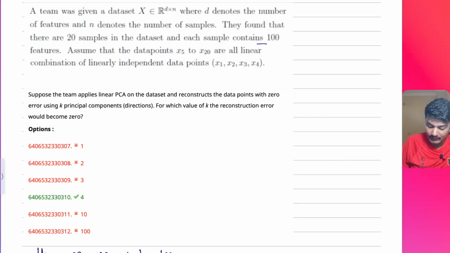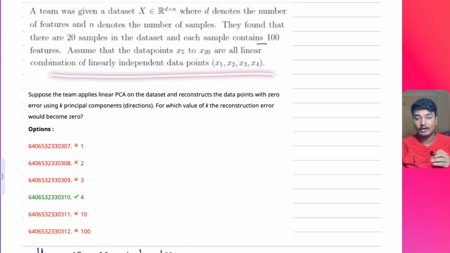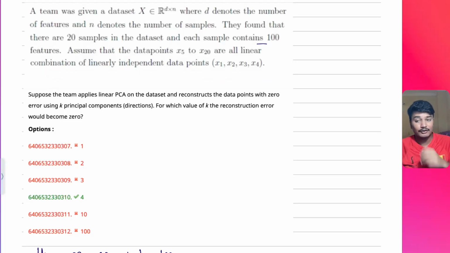Assume that the data points x5 to x20 are all a linear combination of x1, x2, x3, x4.